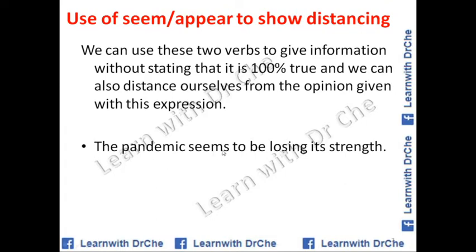If I am saying the pandemic is losing, so now I am saying it is 100% true. But when I'm using seems, it is not 100% true. And I am also distancing myself from the opinion. The pandemic seems to be losing its strength.